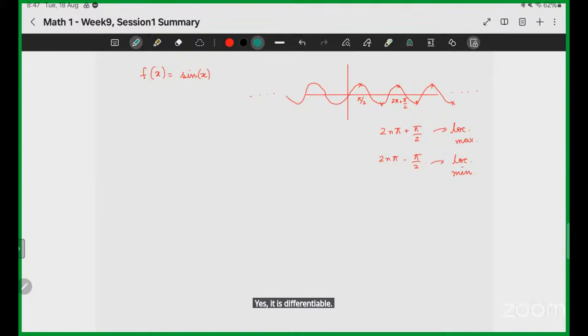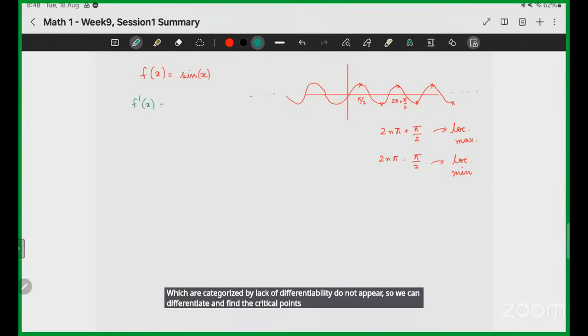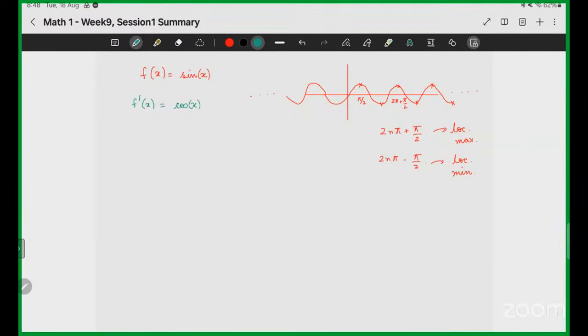So the class of critical points which are categorized by lack of differentiability do not appear. So we can differentiate and find the critical points. Any point at which the cosine function vanishes is a critical point.